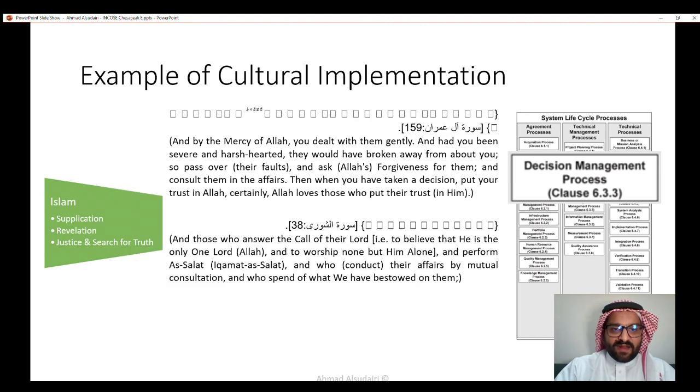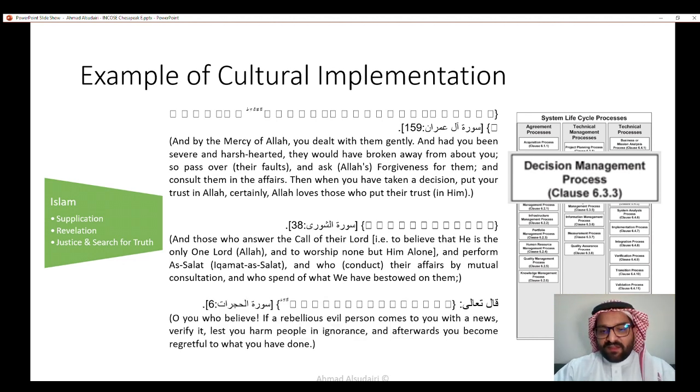There are two ayah from the Quran encouraging management to consult people, which is called in Arabic shura. And shura is not democracy, for example. No, it's something specific.